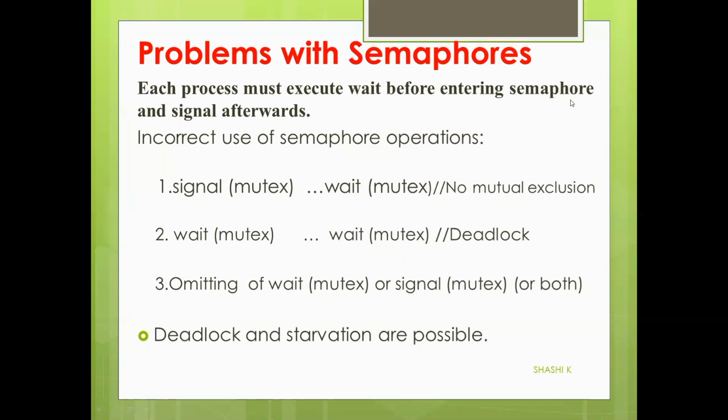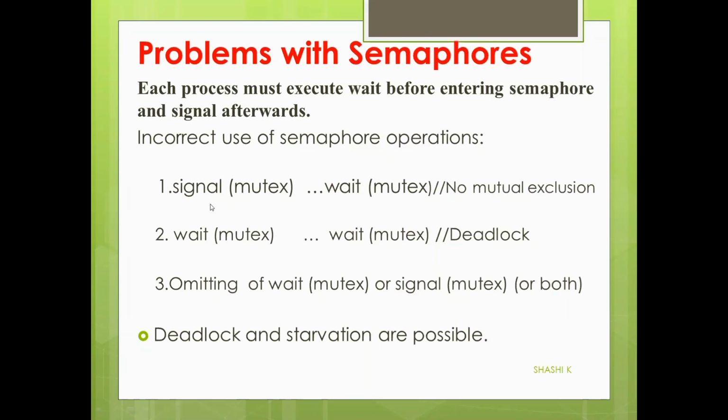And due to some programming error, the correct use of a semaphore is that you have to execute the wait operation before entering the critical section, and the process has to execute the signal operation after coming out of the critical section. But let's say due to some programming error, instead of putting wait before the critical section and signal after it, the programmer puts signal before the critical section and wait after it.